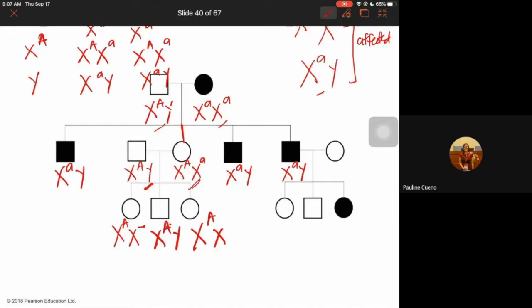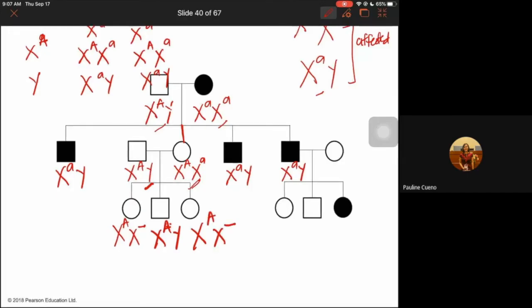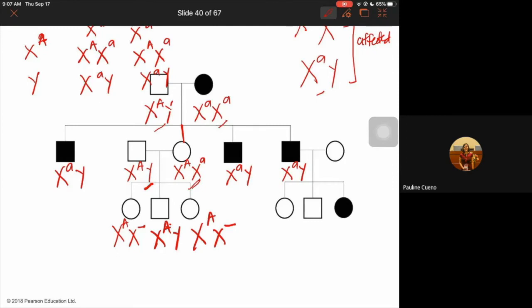Again, you can specify the genotype or you can just use blank. Then for the last offspring, the partner is unaffected. So the partner is either homozygous or heterozygous. So it's trial and error, whichever satisfies what the pedigree describes.